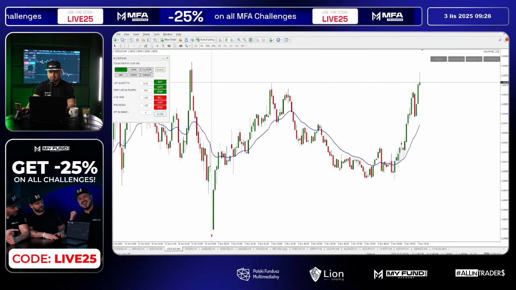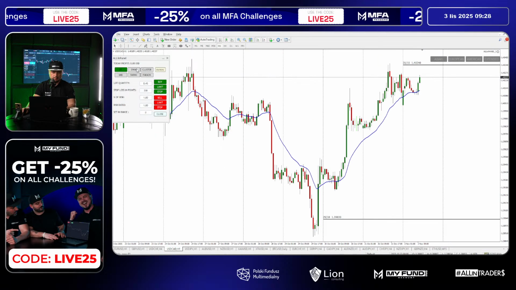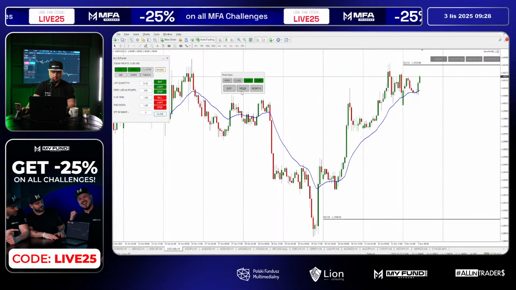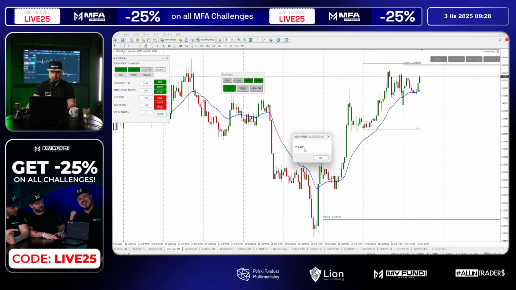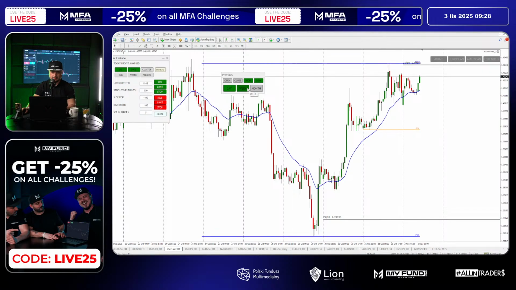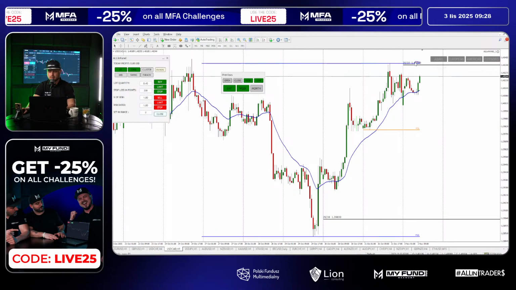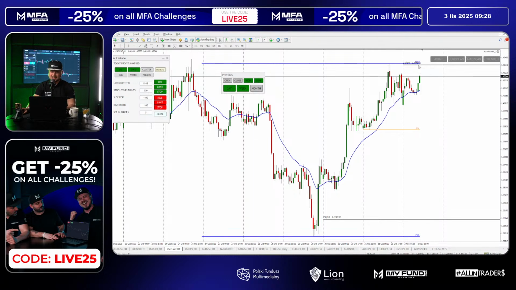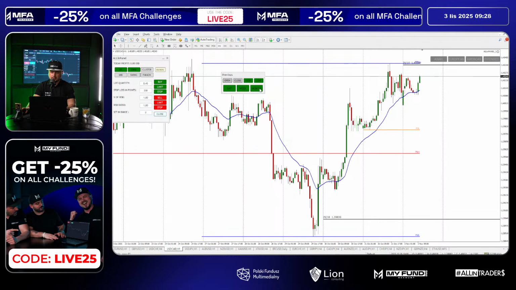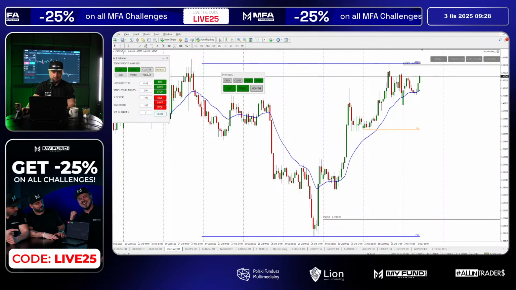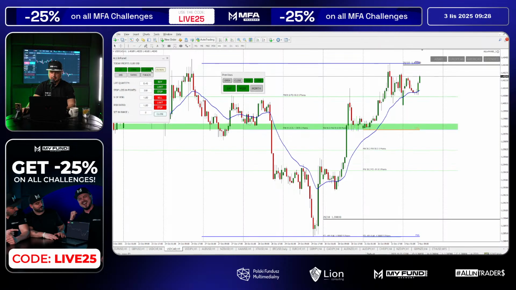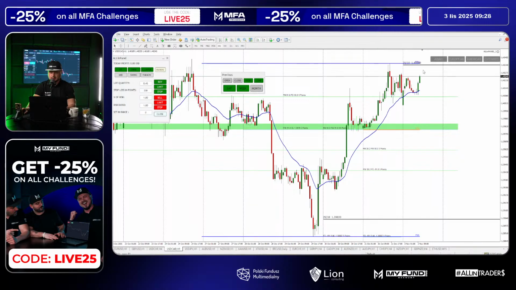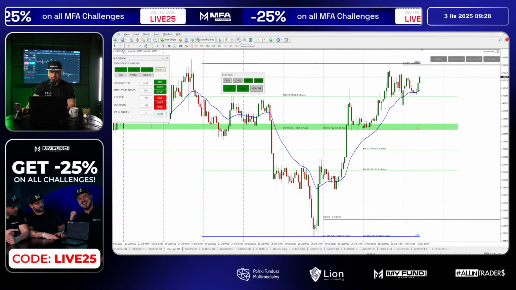Let me just check from 5 minutes time frame. I want to check also previous day high low, previous week and previous month. Look over here, we got previous day and previous week high. So this area might be nice for reaction. We're gonna check that in a second. And let me check the clusters. No cluster over here.